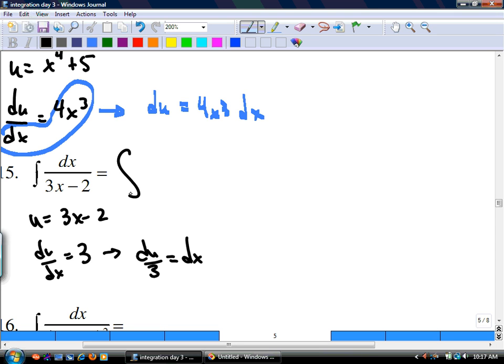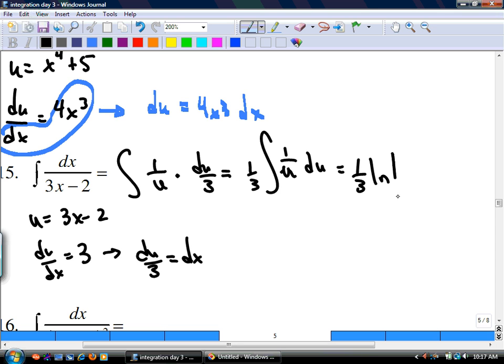So the antiderivative becomes 1 over u times du over 3. Don't like the 3 there. Good. Take it out front. 1/3 ln u plus c.